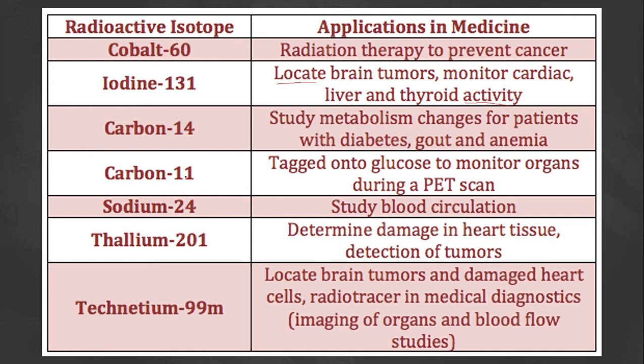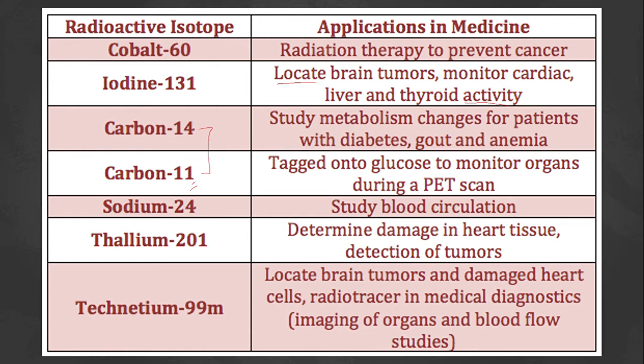Okay? So, another example is carbon-11. Napapansin ninyo, may dalawa na kagad tayong isotopes ng carbon na ginagamit. Actually, meron tayong carbon-11, carbon-12. Carbon-12 is the most common isotope of carbon.